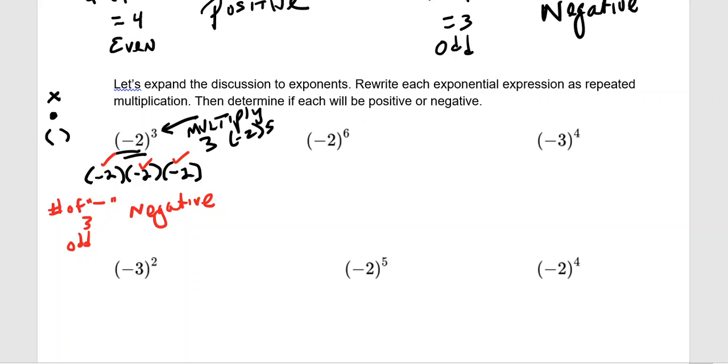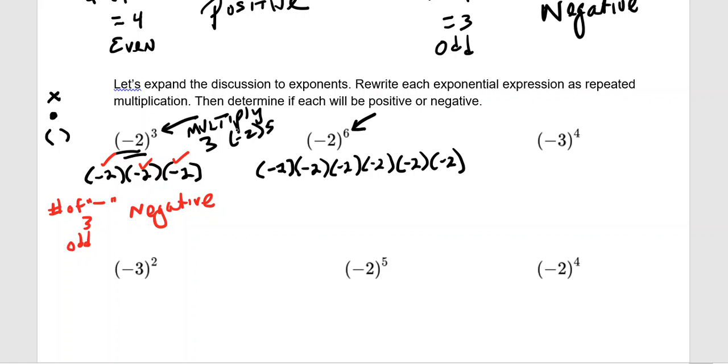So moving on to negative 2 to the 6th, we're going to have this base number, negative 2. And how many of them are we going to multiply together? We're going to multiply 6 of them together. So there's 1, 2, 3, 4, 5, 6.